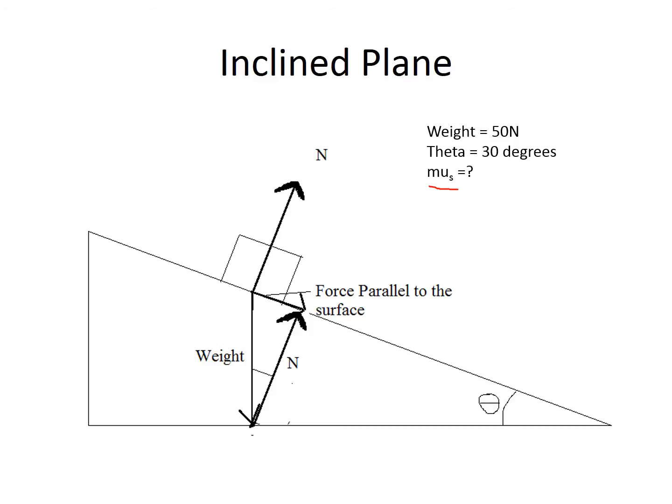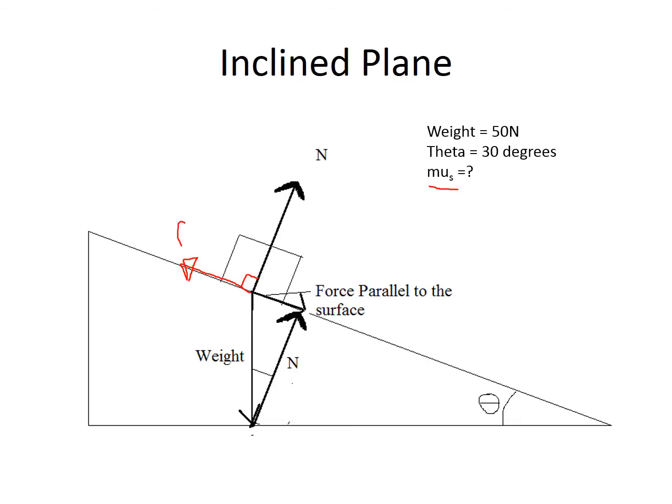So looking at this, the normal force is perpendicular to the surface, and there is a force parallel to the surface, which is what's going to tend to cause the box to slide down the ramp. We want the static frictional force to be at least large enough to balance that parallel force.